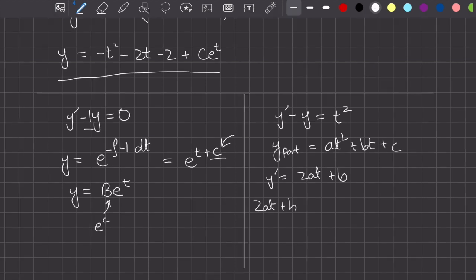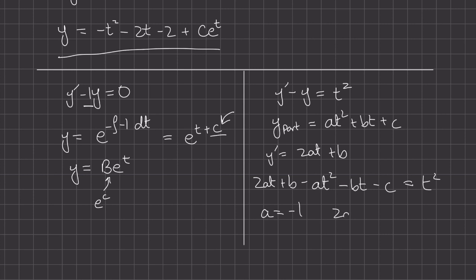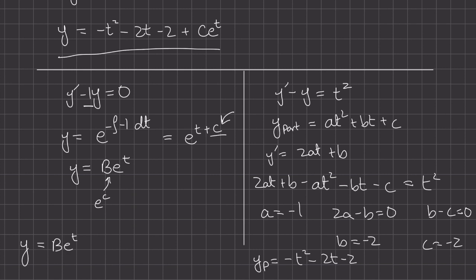Now we can plug these into the equation given in the question and compare the different coefficients for the terms, giving a as -1, 2a minus b equals 0, which gives b as -2, and b minus c equal to 0, giving c as -2. Therefore, y part is -t squared minus 2t minus 2, and the general solution being b times e power t minus t squared minus 2t minus 2.